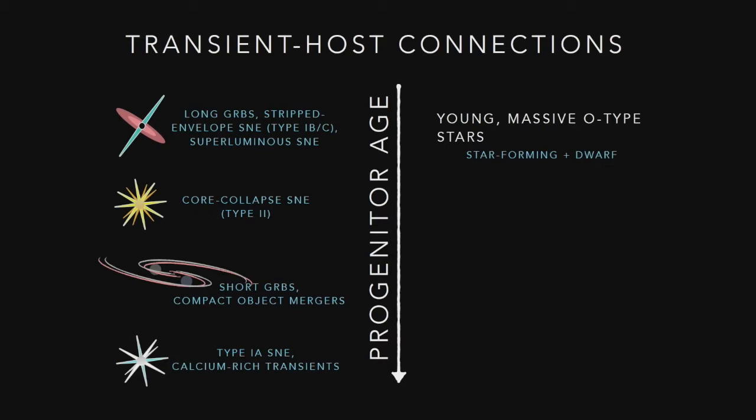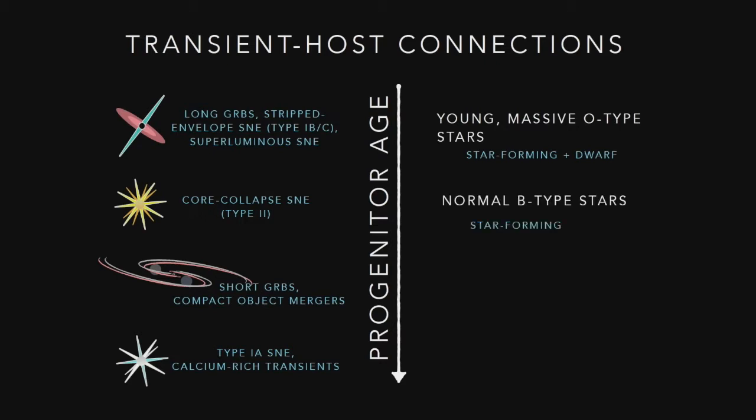Starting at the youngest end, we have very young, very massive stripped O-type stars. These collapse and give rise to jetted explosions like long GRBs and superluminous supernovae. And these tend to live preferentially in ultra-star-forming galaxies and dwarf galaxies, so things that are on or just above the star-forming main sequence.